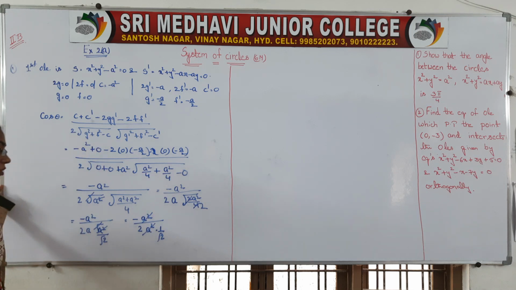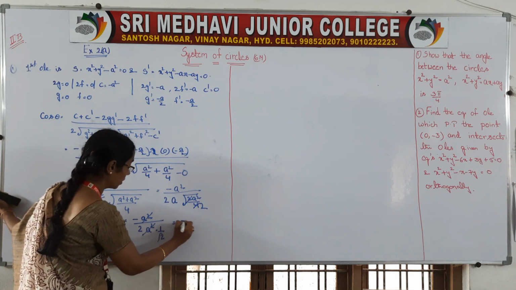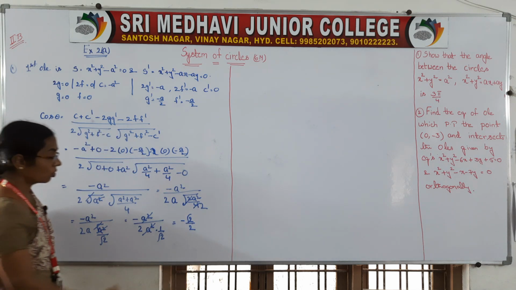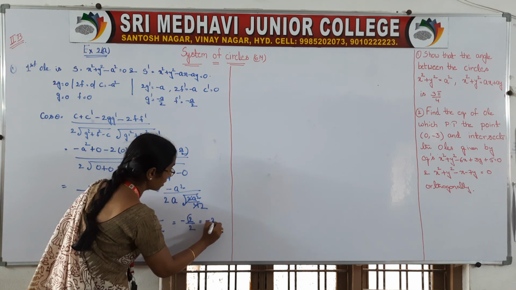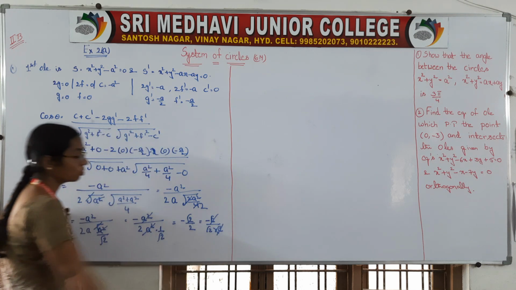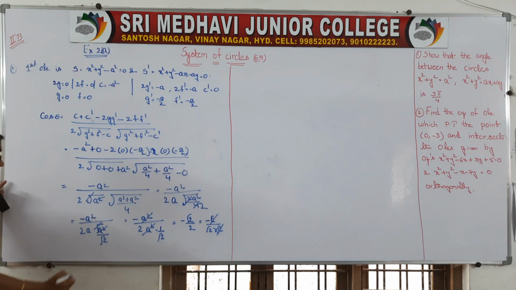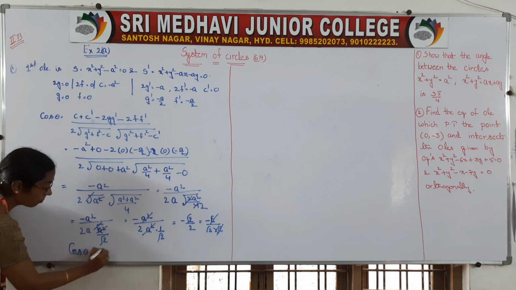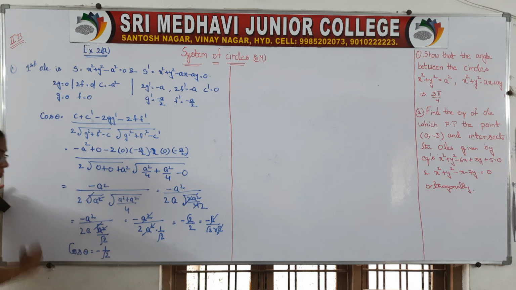The a square also cancels, giving minus root 2 by 2. Root 2 cancels, so cos theta is equal to minus 1 by root 2.